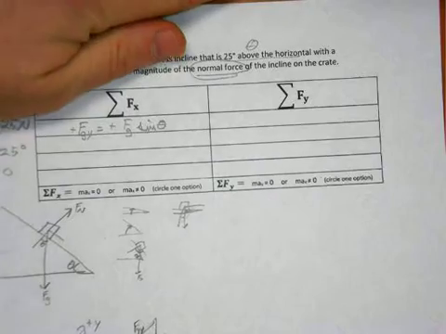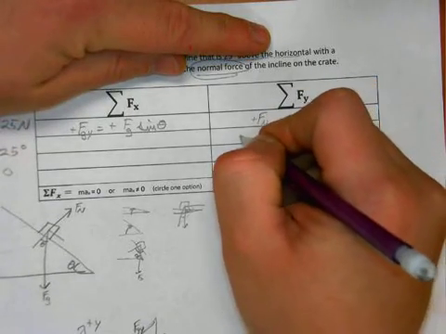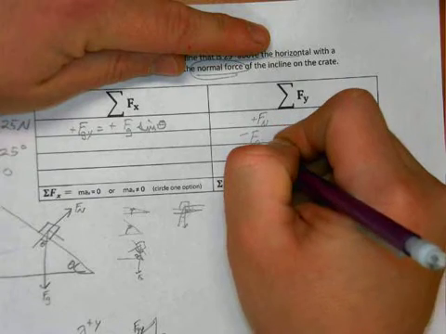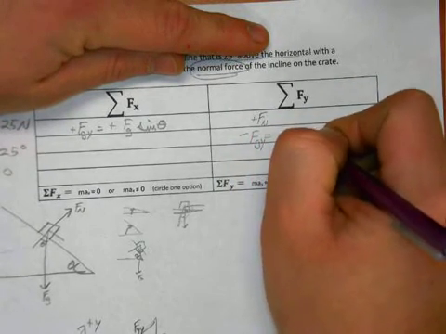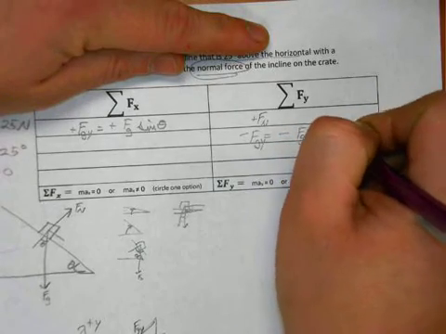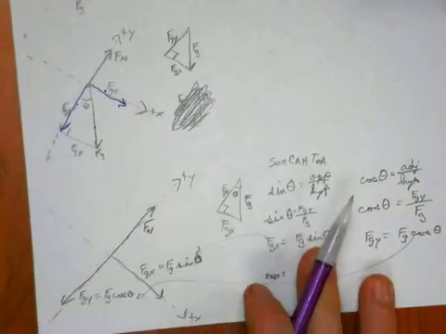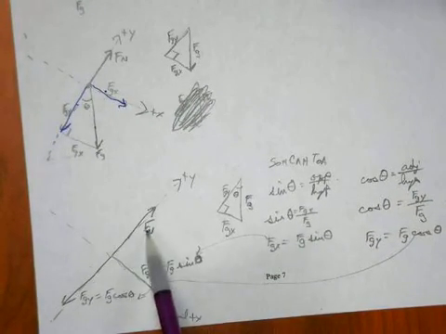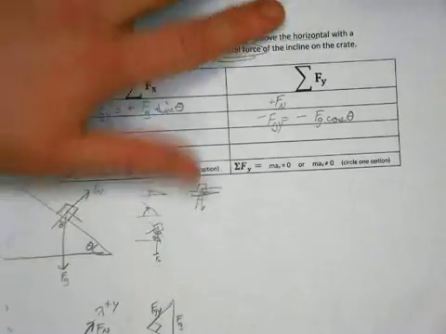In the y direction, we have positive normal force, but we have a negative FGY, which is equal to negative FG cosine of theta. The negative comes because it's in the opposite direction. Going back to the diagram, Fn and the negative FG cosine theta, they both work in the y direction. Okay, so back to the chart.